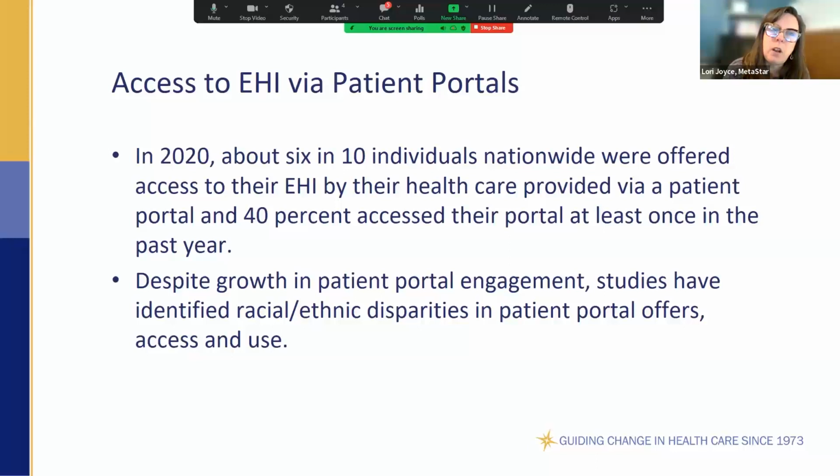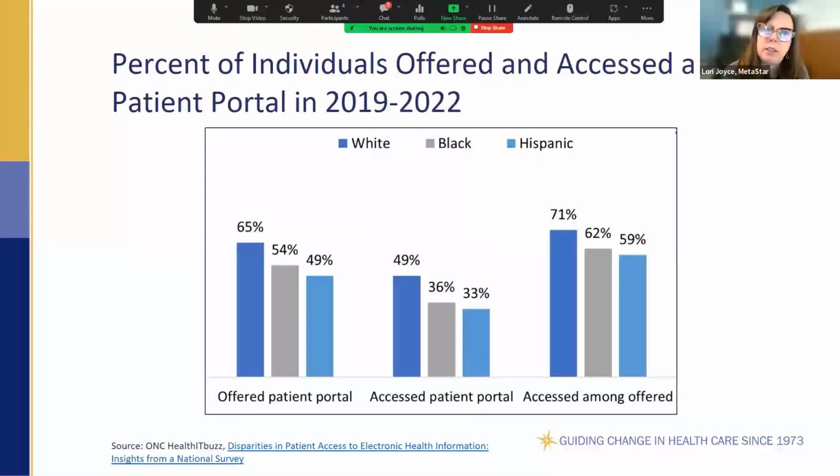Studies have identified racial and ethnic disparities in patient portal offers, access, and use. And so I wanted to share this. What the study found was that there is a significant difference. Now, this particular study was only looking at white Caucasians, Black, and Hispanic patients. There wasn't any data that was presented on Native American or Alaskan patients, but I have a feeling that the disparity would probably exist there as well.